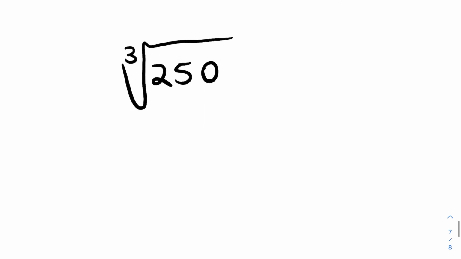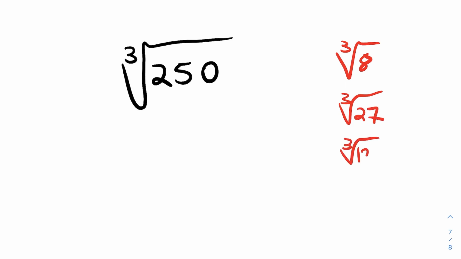Well, the more adept you become at this, the more you'll be able to see the factors you need, because the numbers you're looking for are these factors here. You don't have to go through a whole list. You're looking for the cube root of 8 as a factor, or the cube root of 27, or the cube root of 125, or the cube root of the next one, 216.